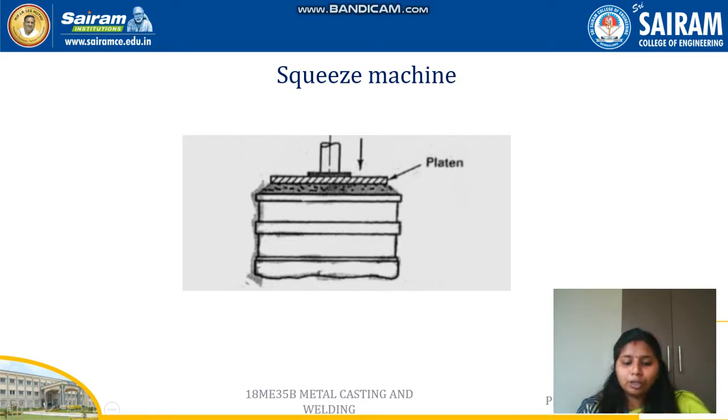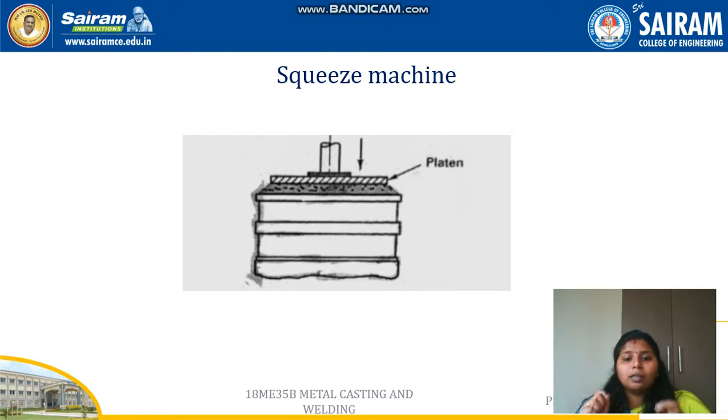In the squeeze machine, the mold box with the sand and a pattern is placed on a fixed table. In the jolt machine, the table is movable; in the squeeze machine, the table is fixed. A flat plate or a rubber diaphragm is brought in contact with the upper surface and pressure is applied with a pneumatically operated piston. This is a pneumatically operated machine.